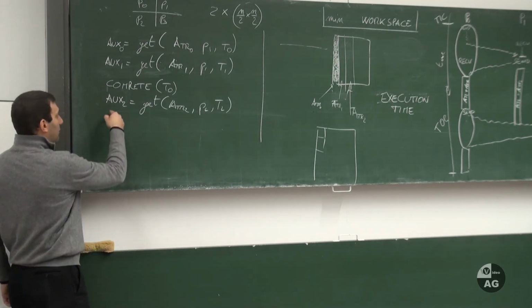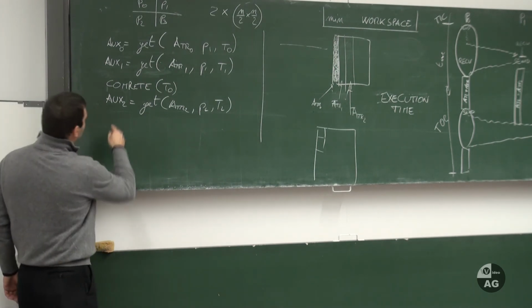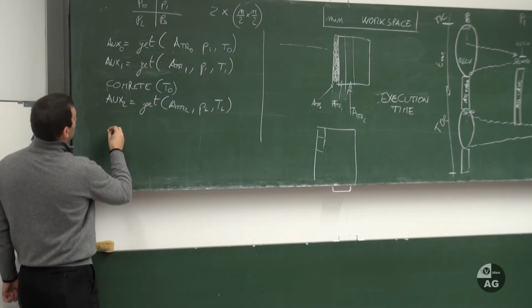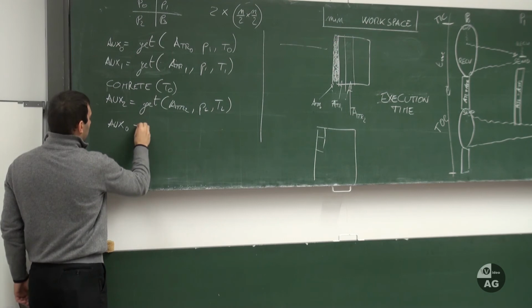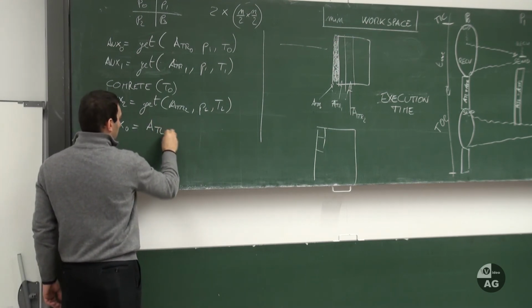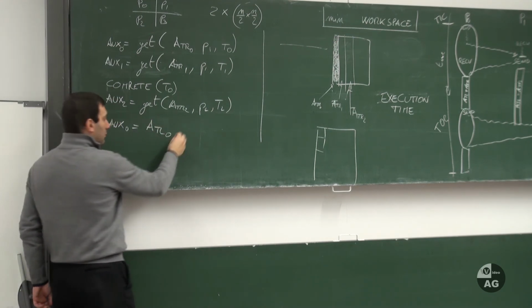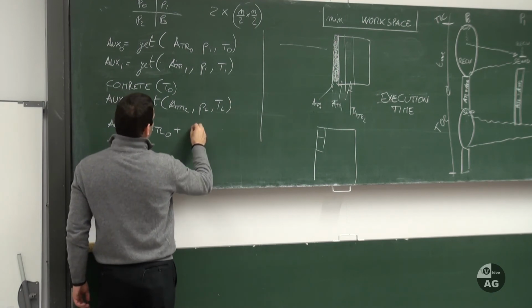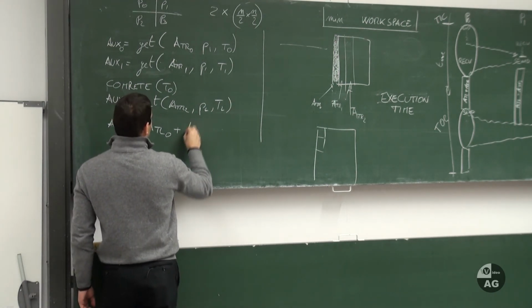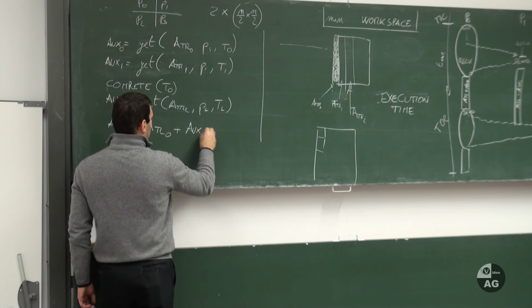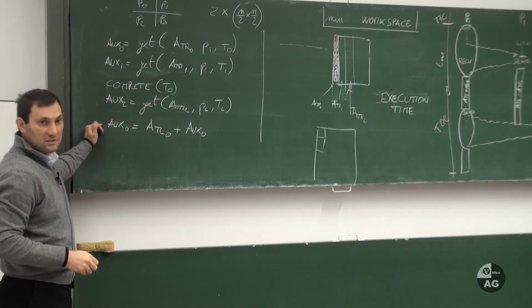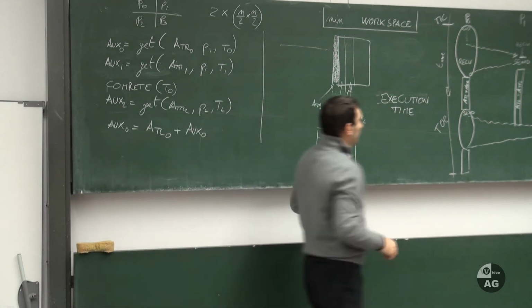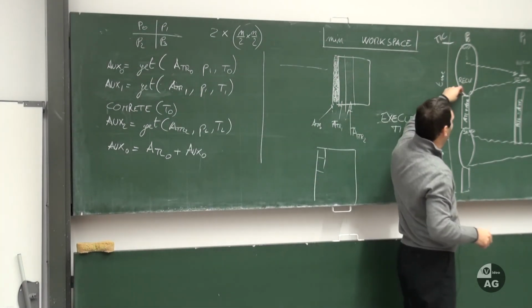No. Now this is the interesting part. Now we can finally start saying auxiliary 0 equals a top left 0, so my local column, plus what I got from the other guy, which is auxiliary 0. This computation here, let's see when it starts. I didn't have to wait for the whole fetch.